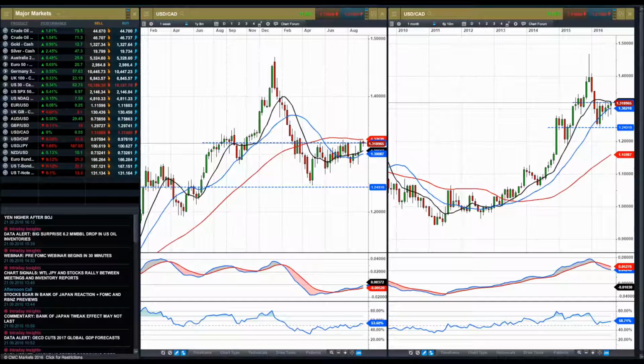Having said that, with the low oil prices we're having at the moment, and after that recent decline in oil prices, we can expect this to weigh on the Canadian dollar as well. Fundamentally, that means we're looking for more of a short to medium term bearish sentiment on the Canadian dollar.